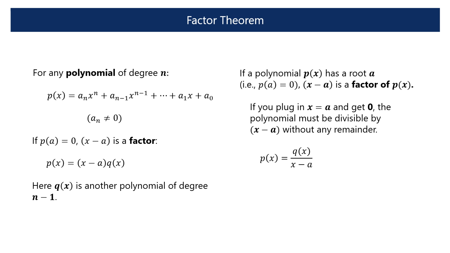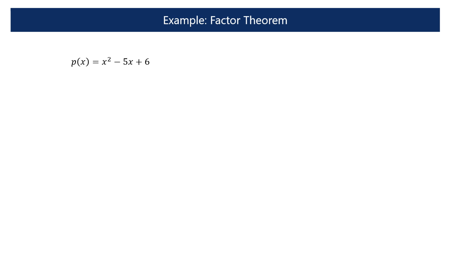This means that if you plug in x equals a and get 0, the polynomial must be divisible by x minus a without any remainder. Let's understand the factor theorem using this polynomial.